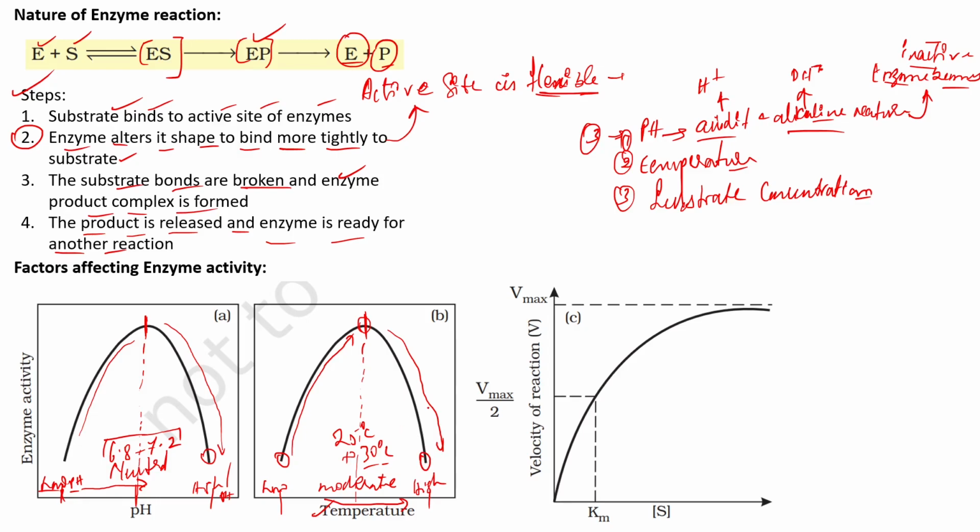At higher temperature, the activity of the enzyme is completely destroyed. So these two graphs, A and B, depict the role of pH and temperature in the activity of the enzyme.